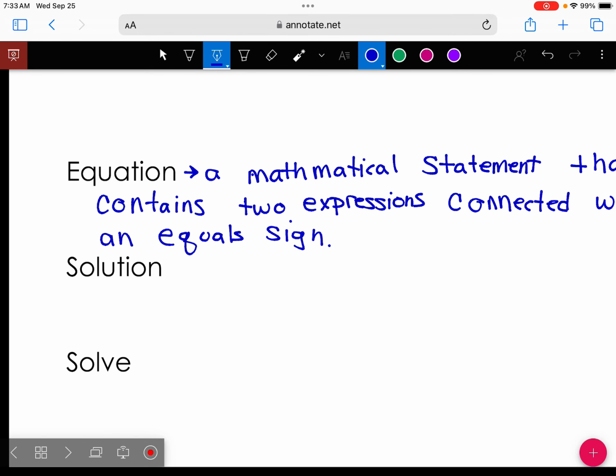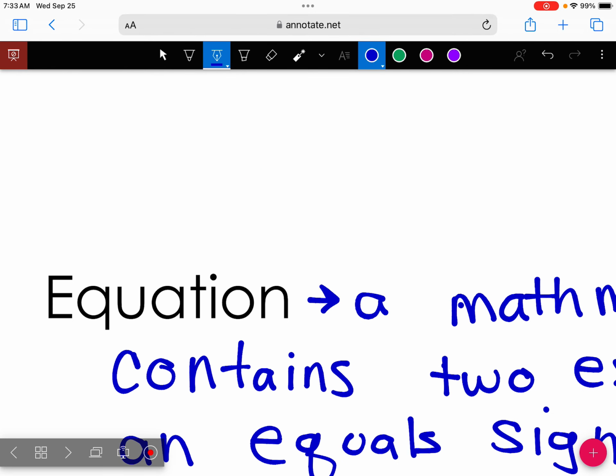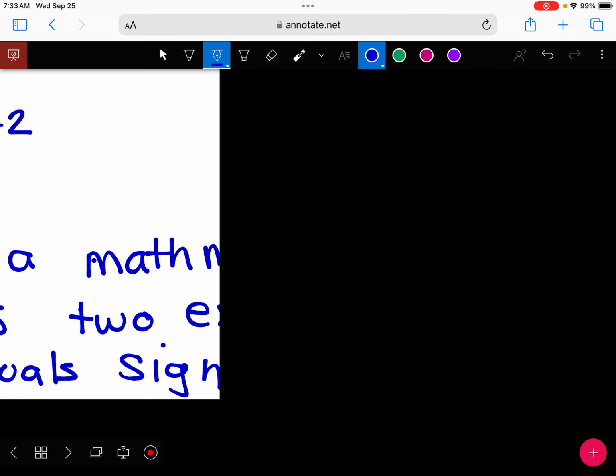So when we say mathematical expression, that's pretty much anything. 3 is a mathematical expression. 4x minus 2 is a mathematical expression. If I connect them with an equal sign, that turns this into an equation.